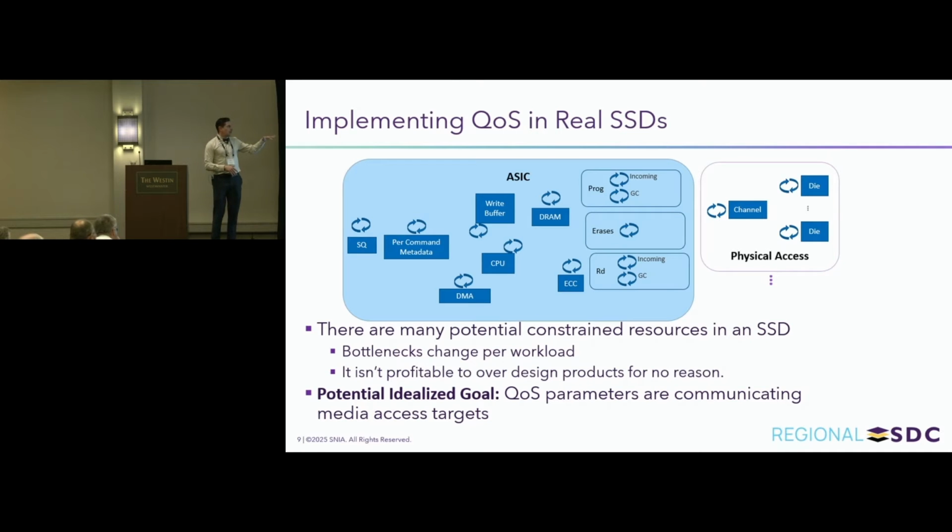When I look at implementing quality of service in real SSDs, there's a reason that architects have a job, right? It's not easy to design an SSD to begin with, and now you're going to talk about sharing all those resources, trying to prioritize all those resources in a different manner, perhaps weighting or allowing different traffic through.